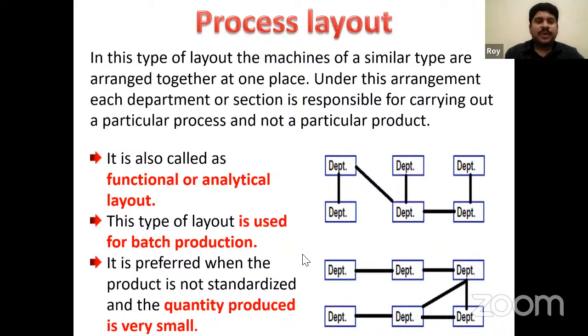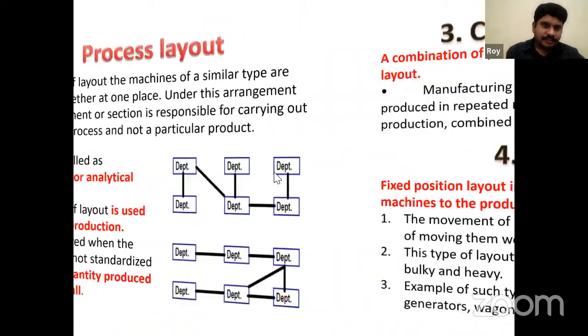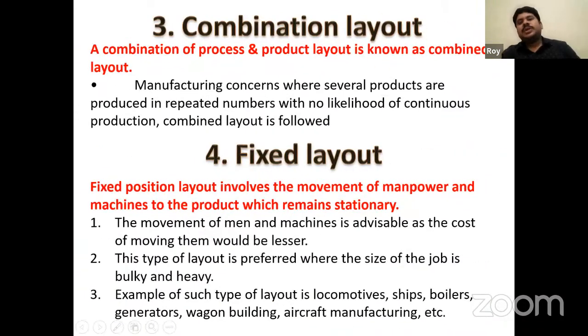If they're producing a small quantity of products, then call it a process layout. Now, if both the layouts, process and product layouts, are combined, we call it a combined layout.